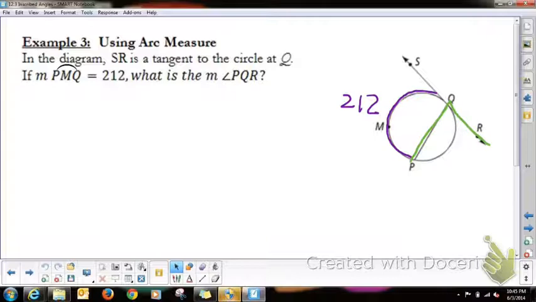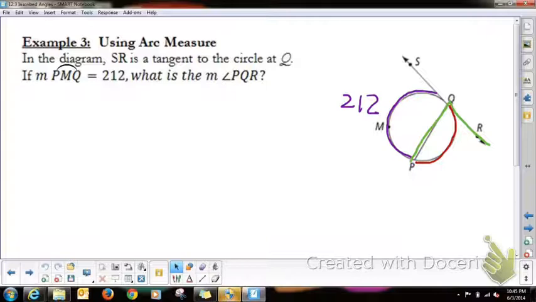Well, this one requires us to do a little bit of math. You know a whole circle is 360, so if you know PMQ is 212, then you could find this other arc, right? Because 360 minus 212 will give you that one.